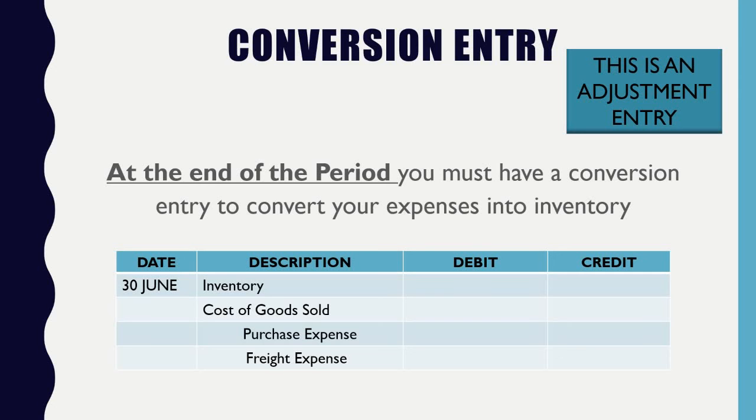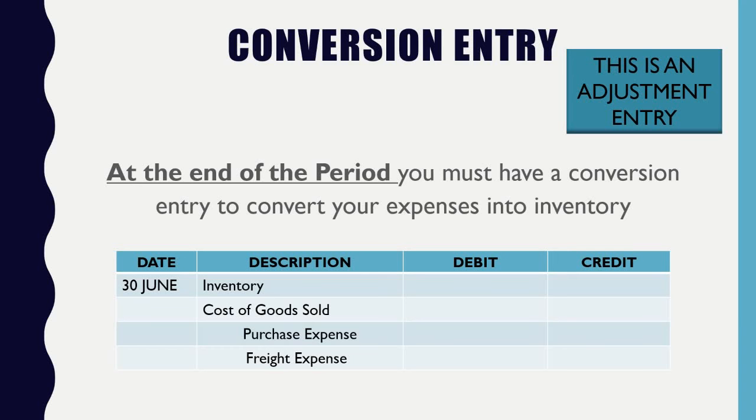If I need to move my purchase expense into my inventory itself, I also have to know that I don't have all 200 items. I sold some along the way.